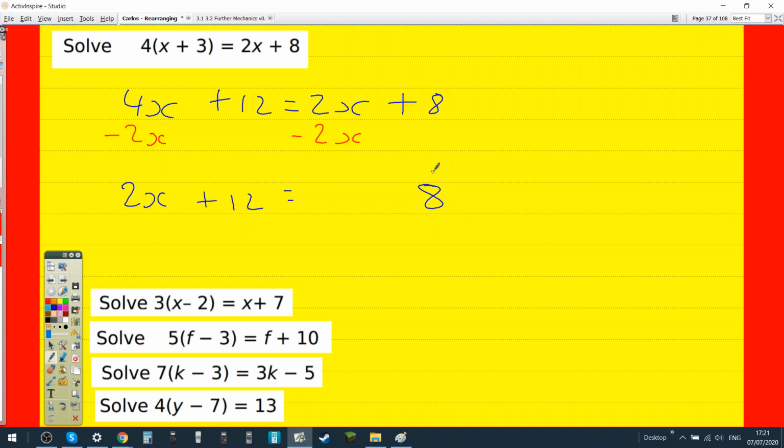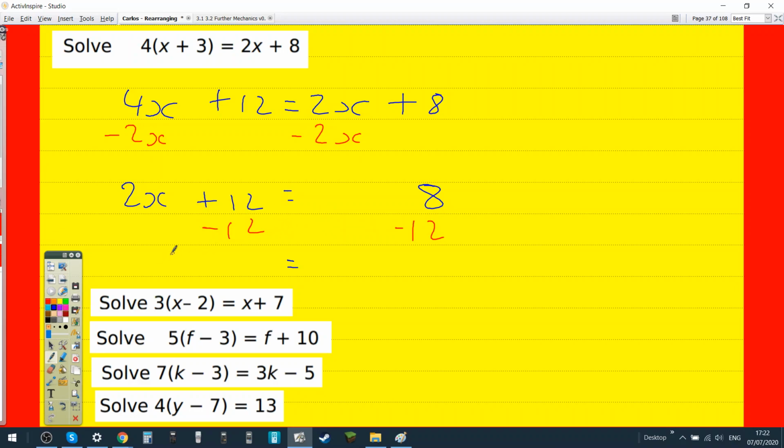So how do you get rid of plus 12? What is the opposite of plus 12? Minus 12? Yeah. And it would just be nothing. So then that means x is 4.